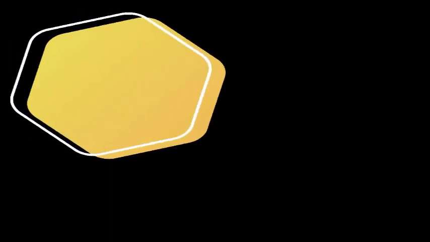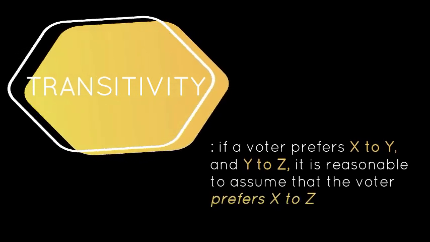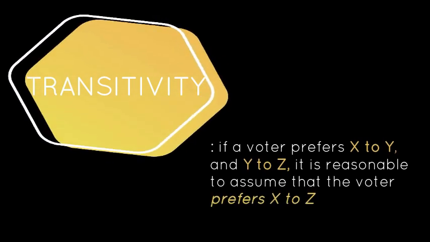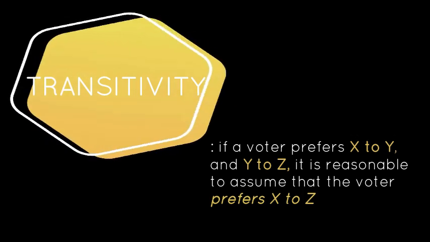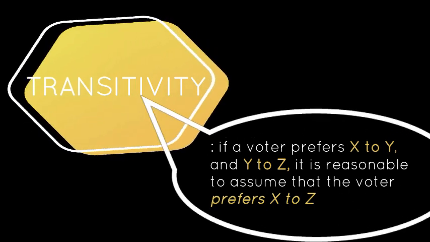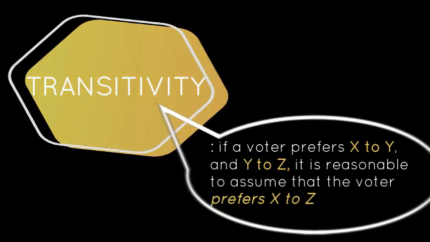Going back to the transitivity condition of voting systems, if a voter prefers candidate X to Y and Y to Z, it is reasonable to assume that the voter prefers X to Z. It is only in this sense that individual preferences are assumed to be transitive.